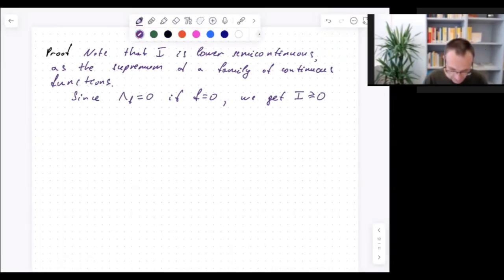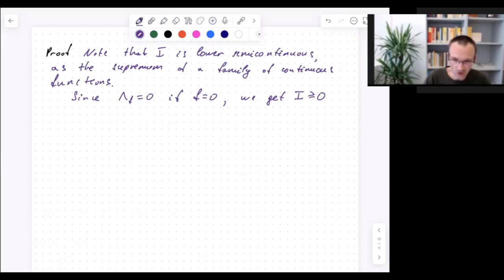Then you have a function I that is non-negative. This function is lower semi-continuous. And we also had a statement that when a family is exponentially tight and the function is lower semi-continuous, then the function is a good rate function. So therefore, this function I is a good rate function.